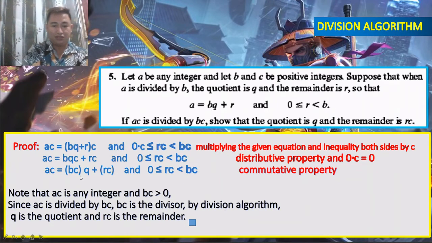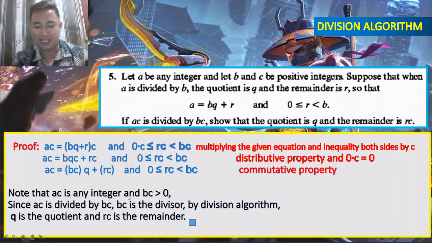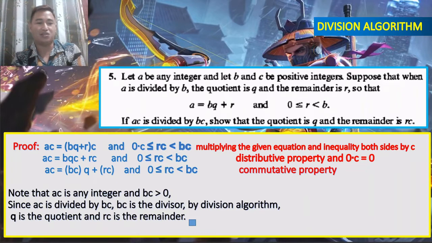The dividend is AC and the divisor is BC. By the division algorithm, Q is the quotient and RC is the remainder, where RC is between 0 and BC, which is greater than 0. So we get the same form as in the division algorithm. Okay, that's it.